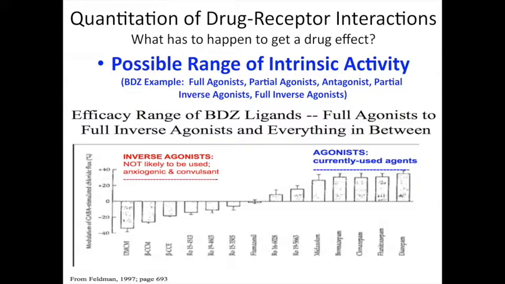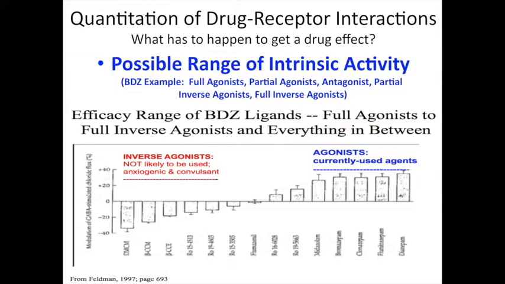And that is given a value of +1. And conversely, if it's an inverse agonist, after it binds that receptor, it moves all those receptors to that inactive conformation and undoes everything that receptor can do at its maximal effect, and that's a -1. And if it's neutral, it's a 0, it's an antagonist.